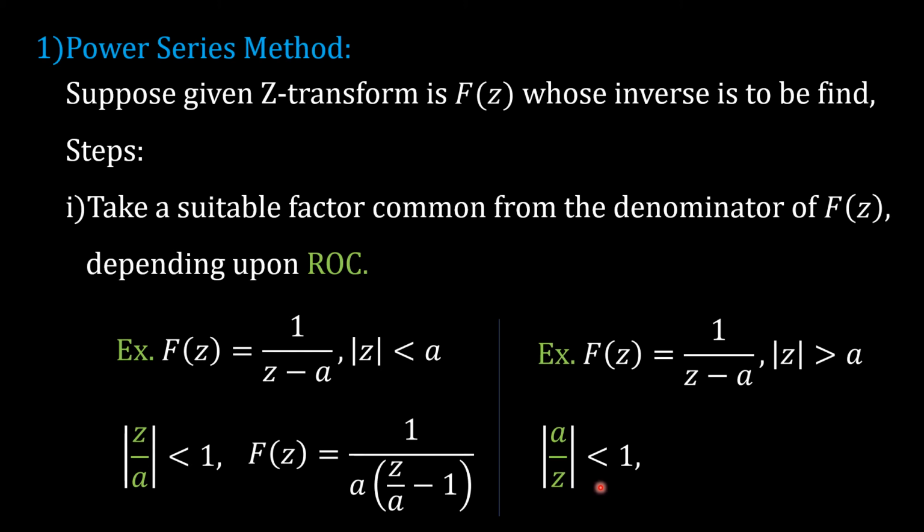Now we have to decide what term to take common, either z or a, so that we get the term a upon z in the denominator of F of z. Obviously here we need to take z common, and hence F of z becomes 1 upon z into 1 minus a upon z.